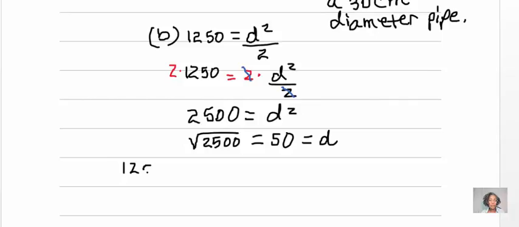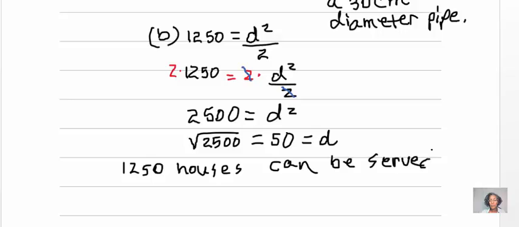So 1250 homes or houses can be served by a 50 centimeter diameter pipe.